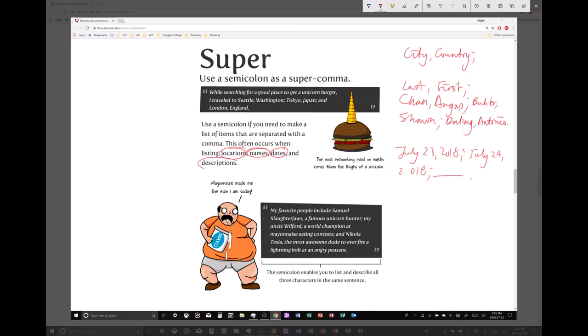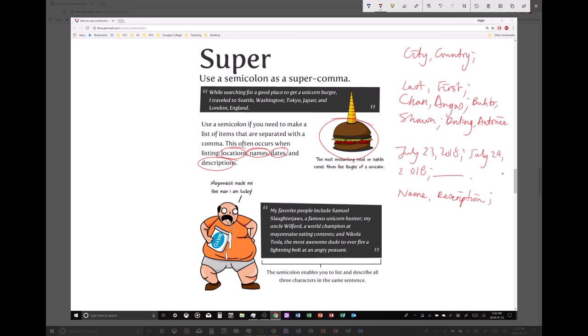See? Descriptions as well. So you might be talking about hamburgers. So here's an example of a description. So for example, we can have a person's name and then a description.